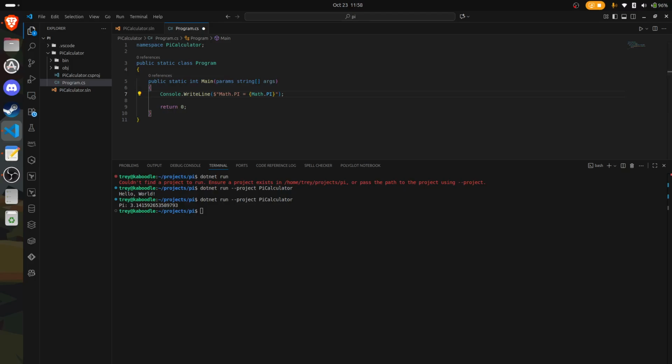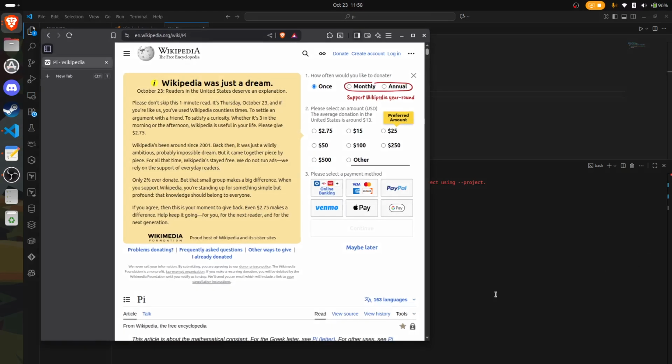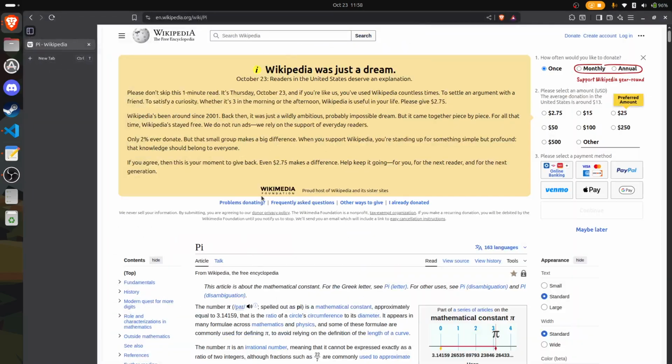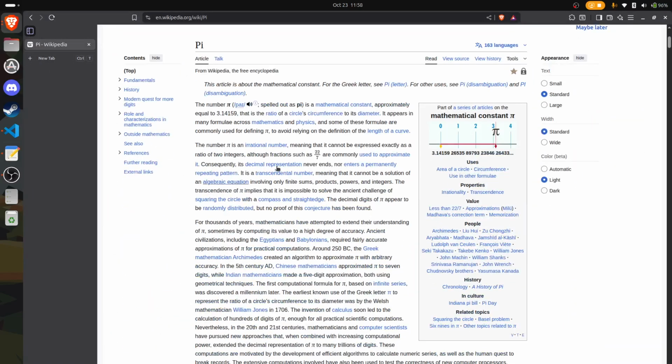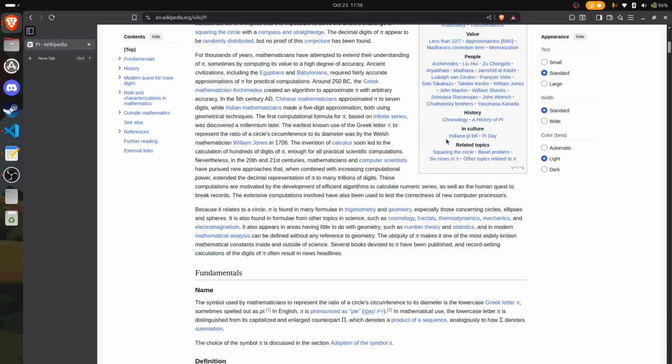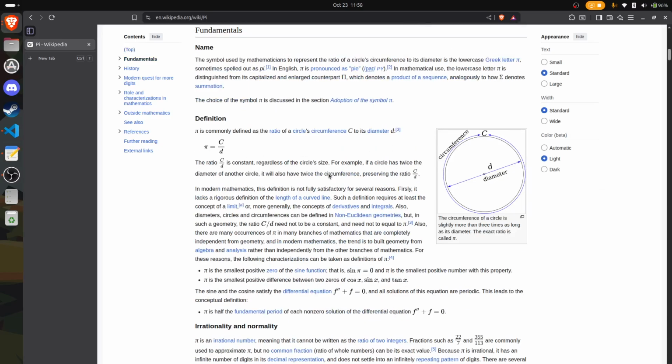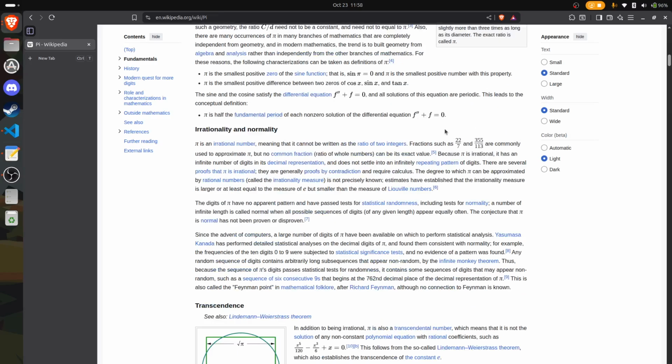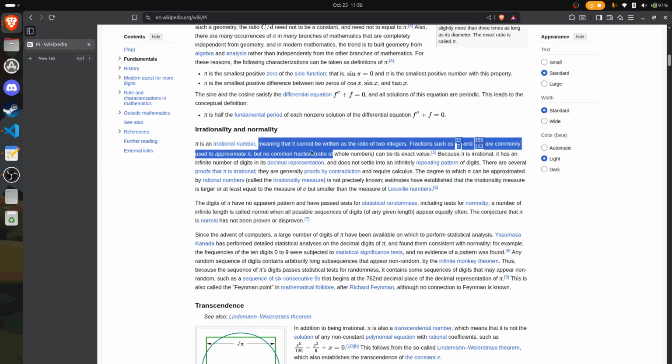So let's see if we can calculate pi. I'm starting with Wikipedia. What does Wikipedia have to say about pi? Well, if you're watching this video, you already know what pi is used for. So we can skip over that part. Pi is irrational, which basically means that there's no end to the digits in it. It cannot be written as a ratio of 2 integers.